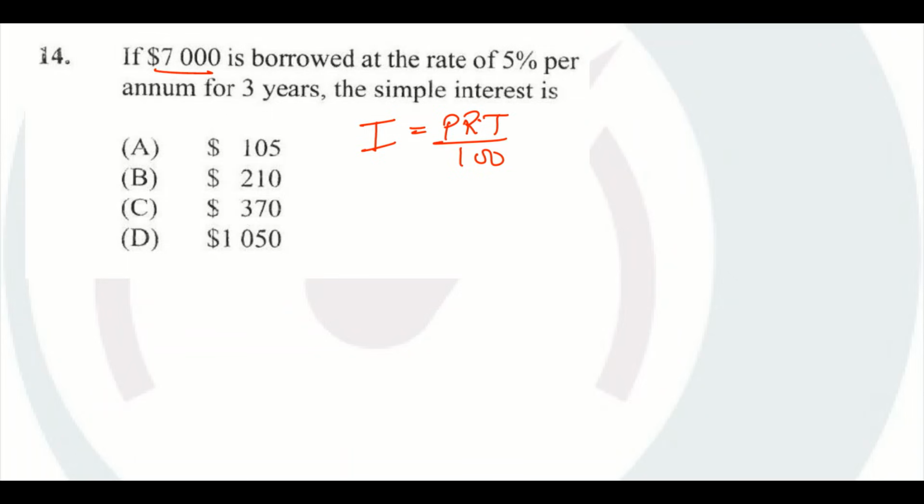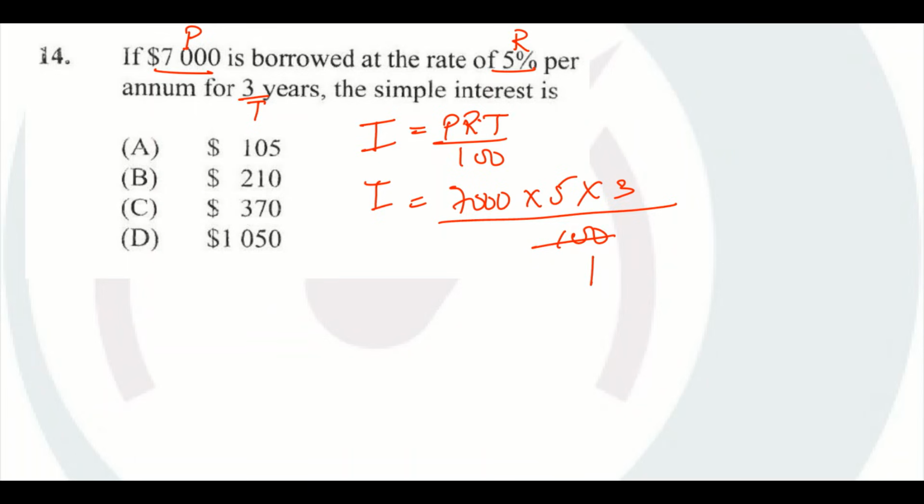Alright, so 7,000 is our principal, 5% is the rate, and then our time T. So I is equal to 7,000 multiplied by 5 times 3 all over 100. So 100 into itself 1, and 100 into 7,000 gives us 70.